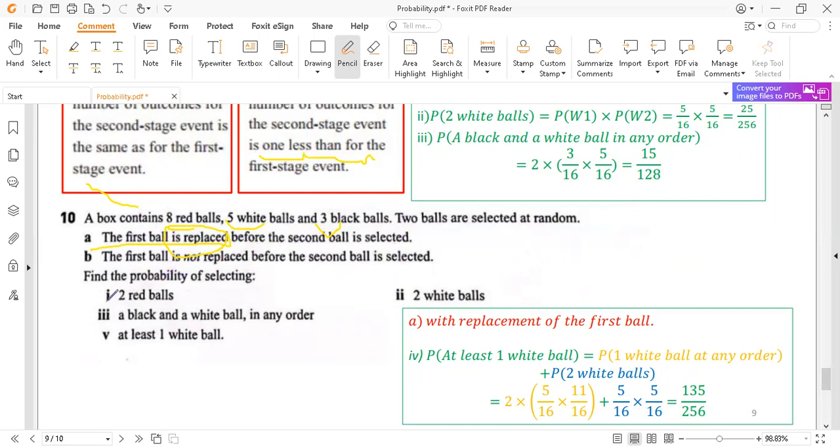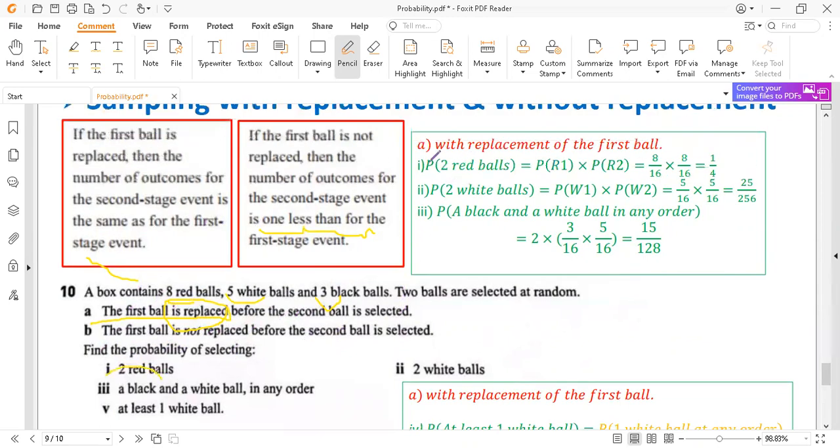Find the probability of selecting 2 red balls. So it is a red ball first, and in the second stage we want a red ball, and we have 8 red balls in total. So 8 over 16 times 8 over 16. For 2 white balls, the probability of selecting white in the first stage is 5 from 16, because we have 5 white balls.